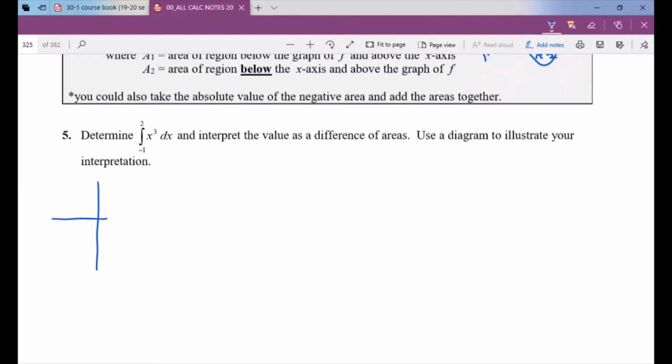We know that x cubed looks like this. If we're going from -1 to +2, and perhaps it looks a little bit like this. -1 to +2.